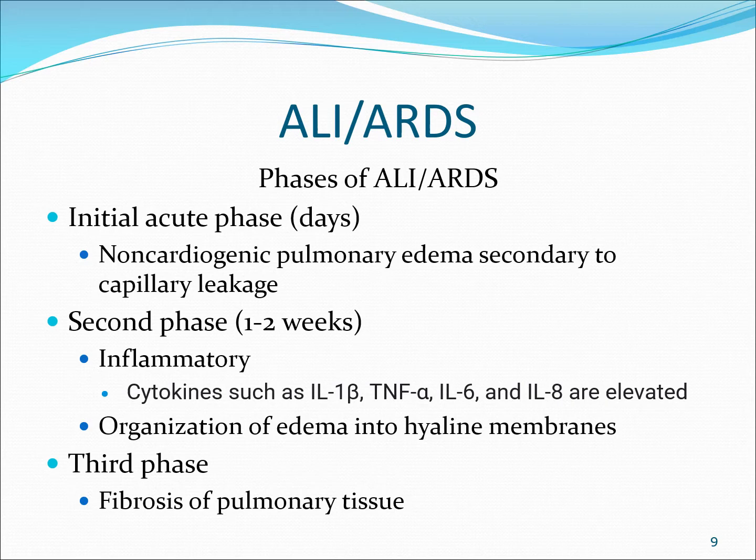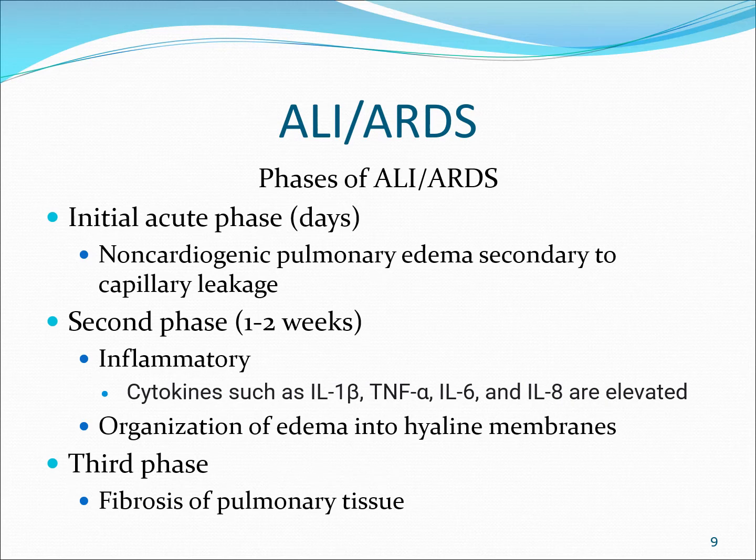And that is when I told you to look for an acute change in oxygenation status. You have to rule out that it's cardiac in nature. So it's not cardiac pulmonary edema. It's actually edema caused by inflammation of the lung. So in the first few days, you end up getting extensive pulmonary edema and poor oxygenation, and you rule out that it's cardiac in nature.